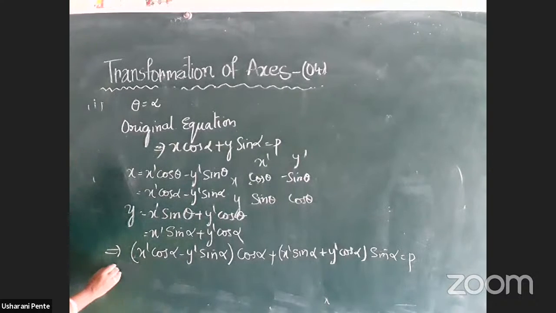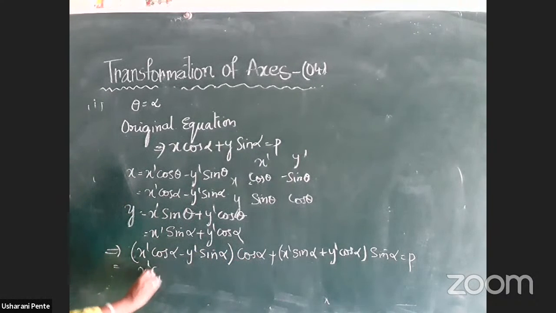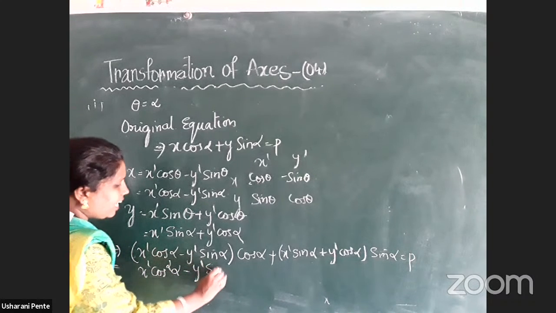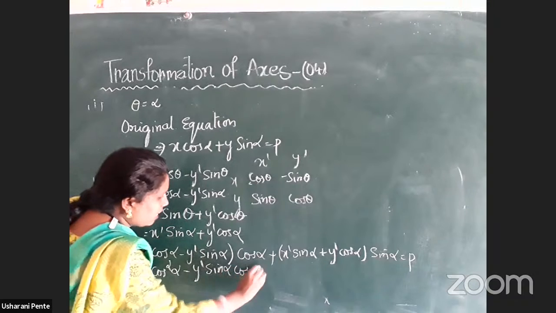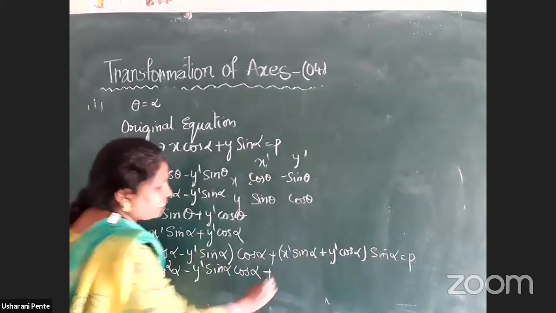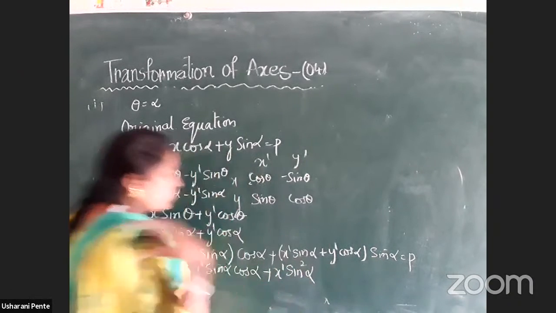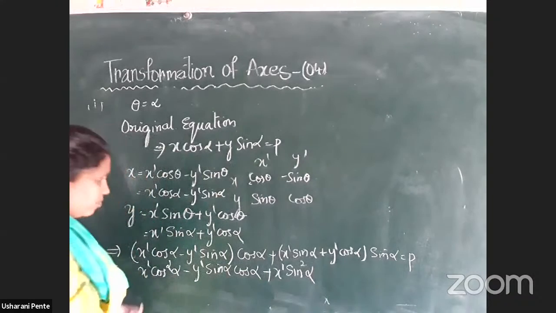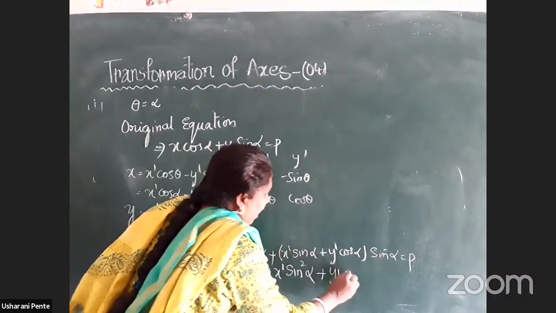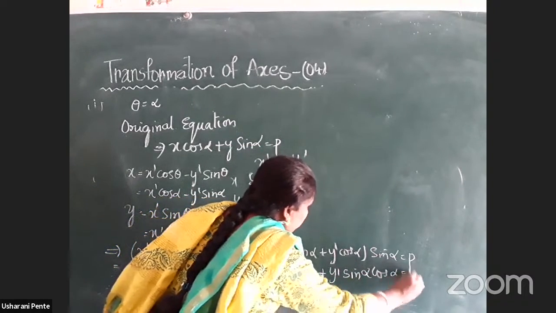So we are multiplying this cos alpha inside, so I'll get x dash cos square alpha minus y dash sin alpha cos alpha, plus, multiplying this sin alpha inside, I'll get x dash sin square alpha plus y dash sin alpha cos alpha is equal to p.